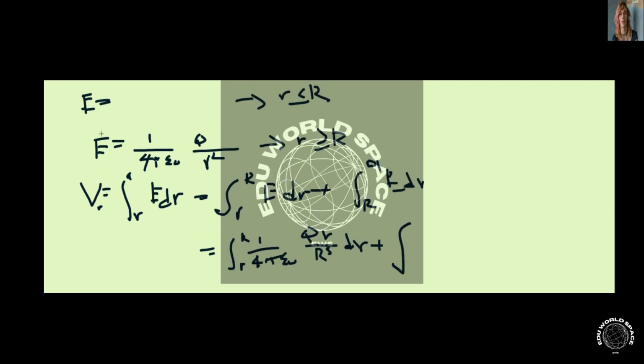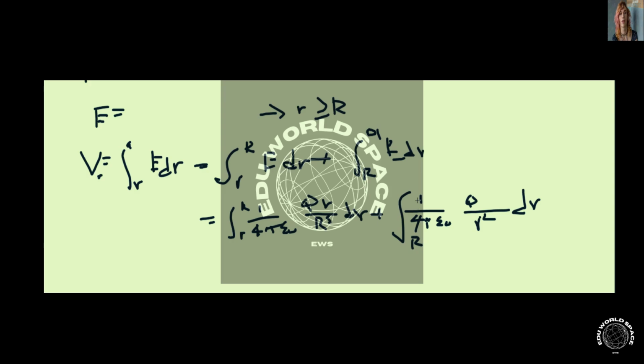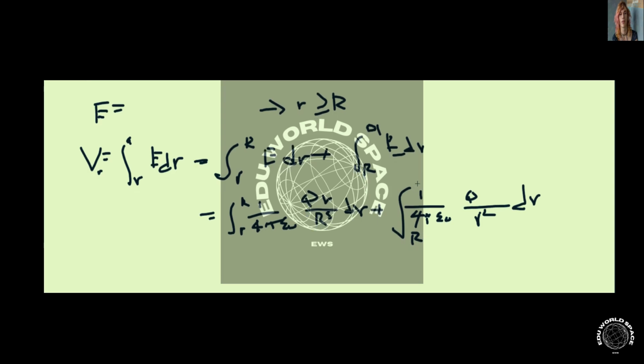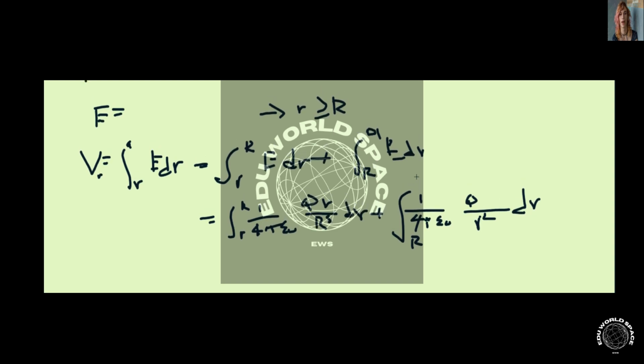And now we can also replace this E with the second expression here. So let's bring that down here. And now we have an expression for the potential from the radius inside the sphere to a point outside at a.